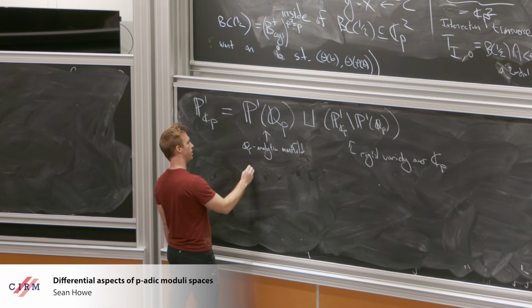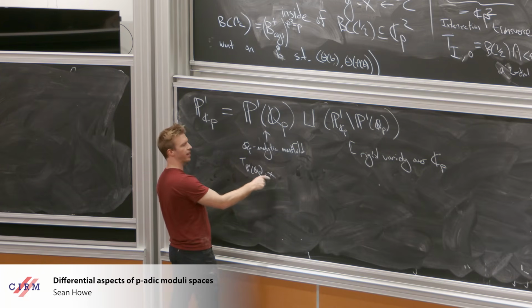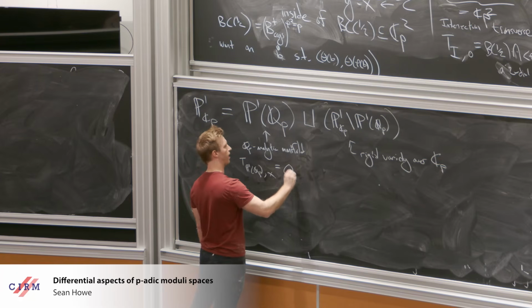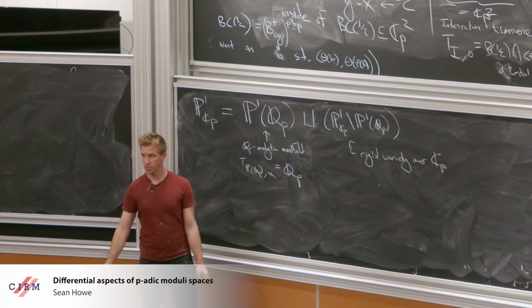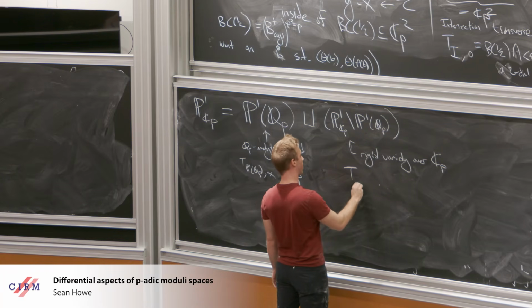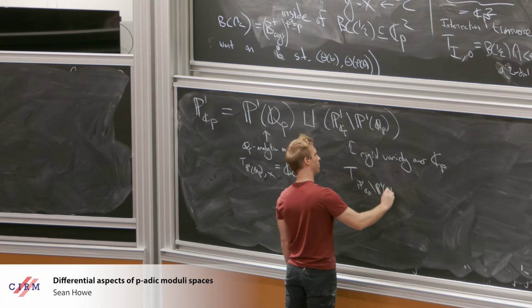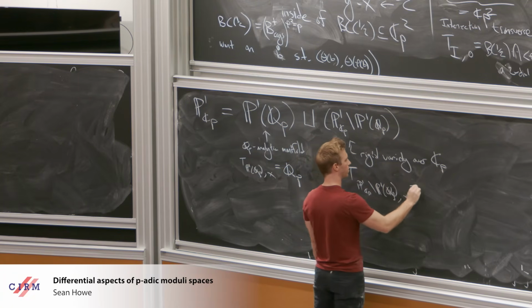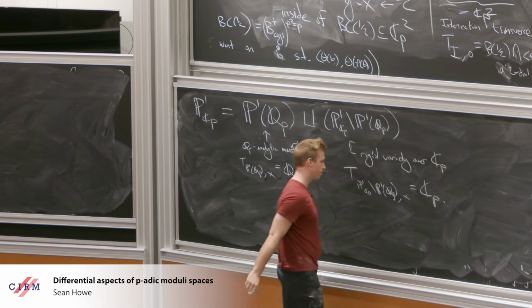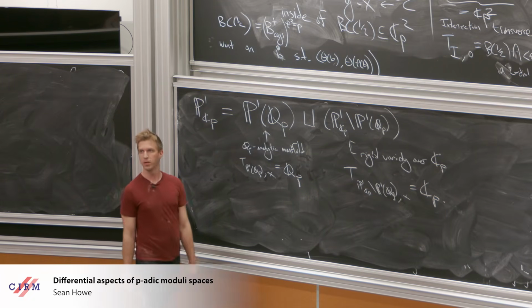Okay, and so if I take the tangent space of P1 of QP at any point x in it, then I really should just get a one-dimensional QP vector space. And if I took this rigid variety over CP, the Drinfeld upper half plane, you know that's a CP vector space. But these are really different things in terms of what you can do with them.